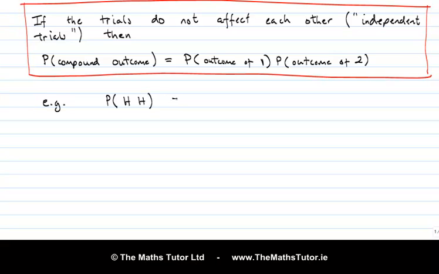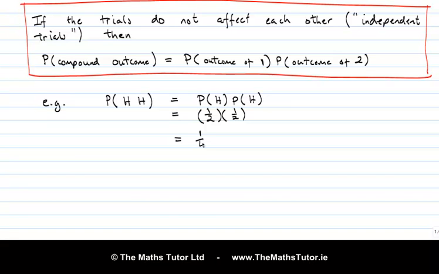According to our rule, that's the probability of a head in the first trial times the probability of a head in the second trial. And now we know that the probability of a head when we flip one coin, as long as the coin is fair, is a half. So we see that the probability of getting heads in both trials is 1/4.